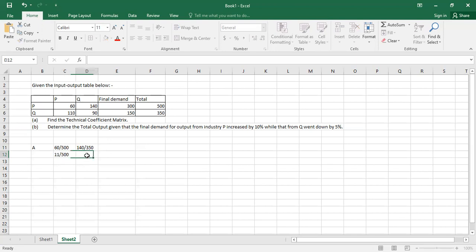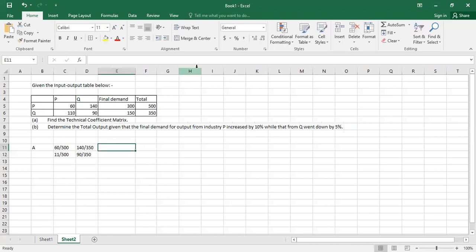Then the fourth one is 90 over 350. You can see how we are able to get the coefficient matrix. What is 60 over 500? Give me your answer in 2 decimal places.